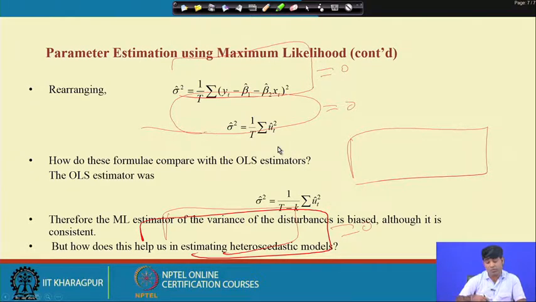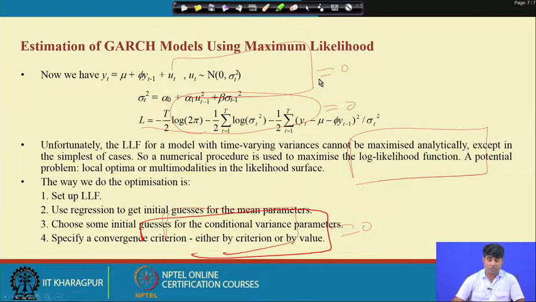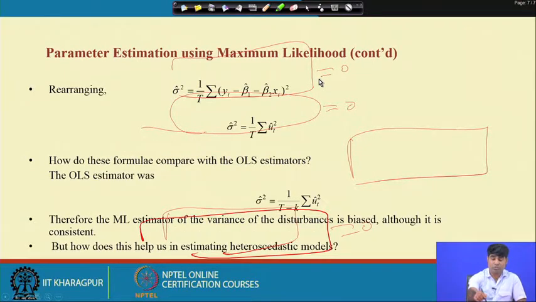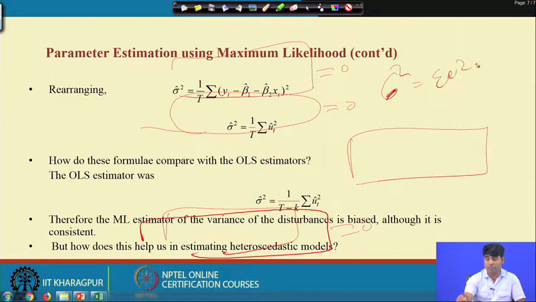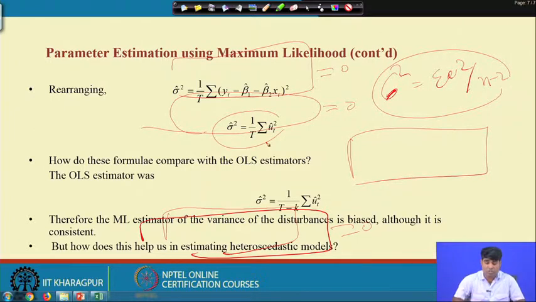Compared to the Wallace mechanism, which you have already seen, at that time we reported sigma square equal to summation e square by n minus 2 for bivariate, n minus 3 for trivariate, and this is a trivariate structure altogether, but maximum likelihood estimation has only sigma square equal to summation e square by t.